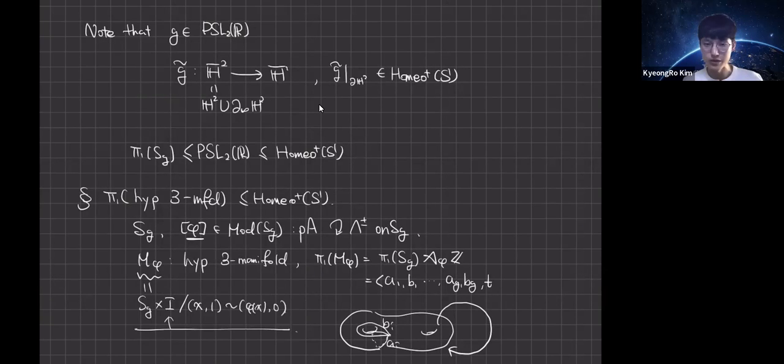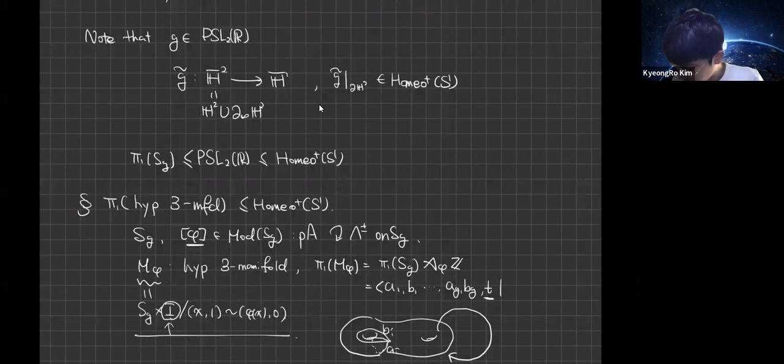So this is a mapping torus. Here T is the loop along this I. This T means the loop goes around one time along the mapping torus.